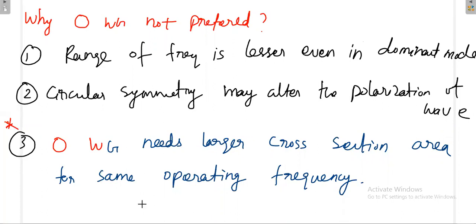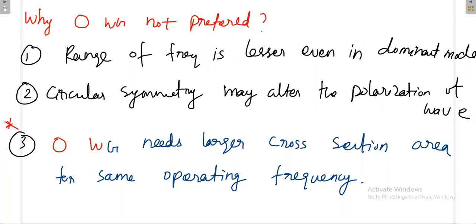That means what? Suppose you want to send some frequency. Frequency and the dimensions are related, because in the cutoff frequency formula, the cutoff frequency is decided by the dimension. If you want to operate at some frequency, that is decided by the dimension also. If you want to send a wave at some frequency, definitely the circular waveguide needs a larger area.